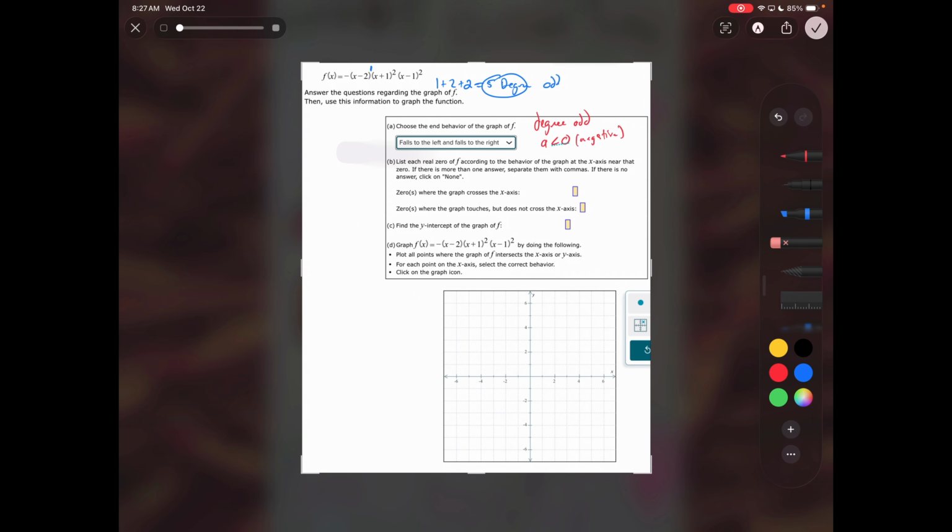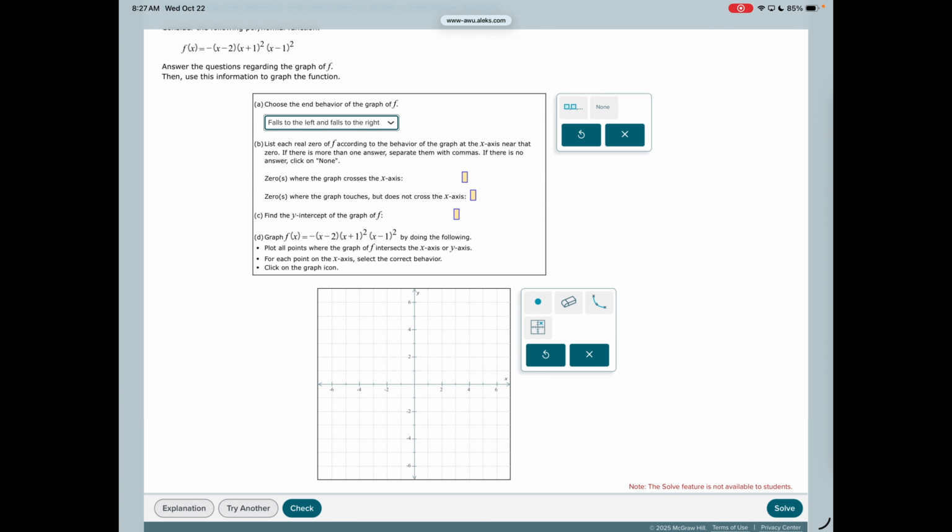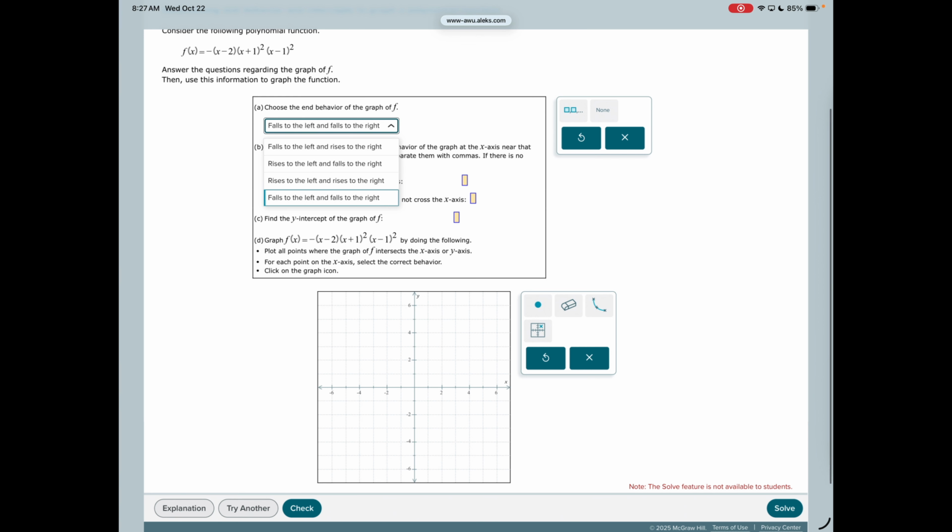It's going to fall to the left. I'm sorry. Did I put the wrong one in there too? I did. That should be rises to the left, falls to the right, right?